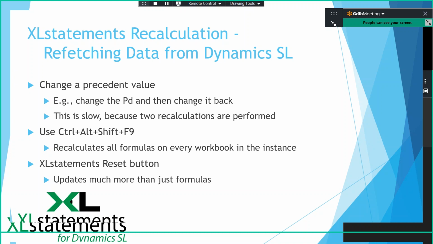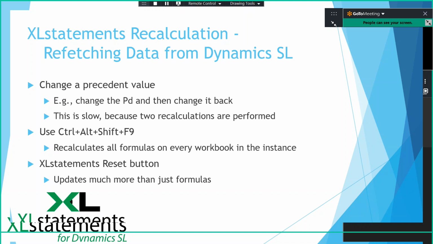The problem with doing that, though, is you're actually calculating everything twice. You changed it to 5 and it recalculated everything, and then you changed it back to 6 and it recalculated everything. So you're really doubling the work that it's doing. And those of you who have relatively slow XL statements reports or environments, that's something you don't want to do.